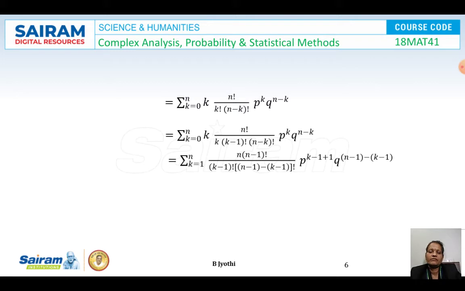So that is given by k into n factorial by k factorial into n minus k factorial p to the power of k into q to the power of n minus k under the summation.